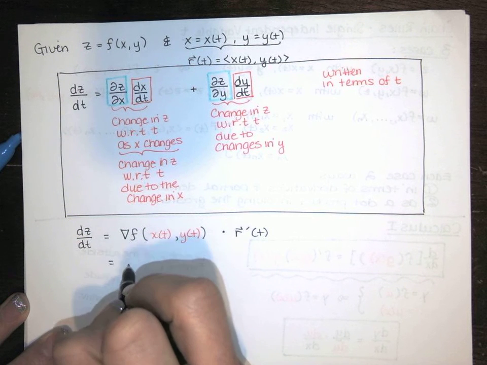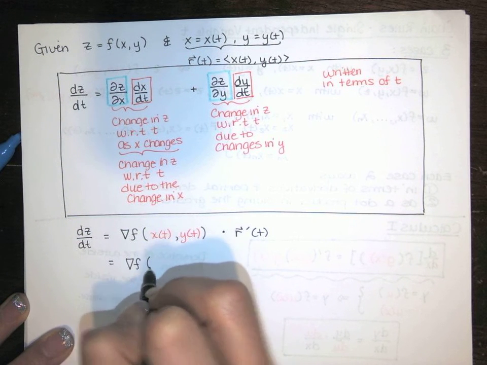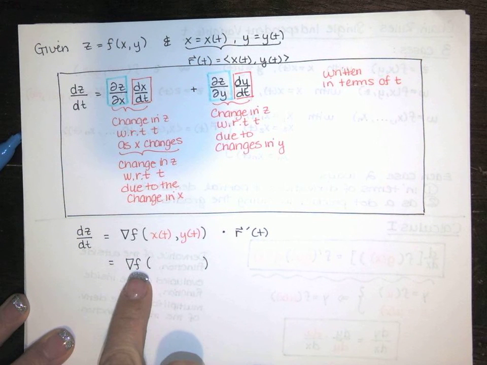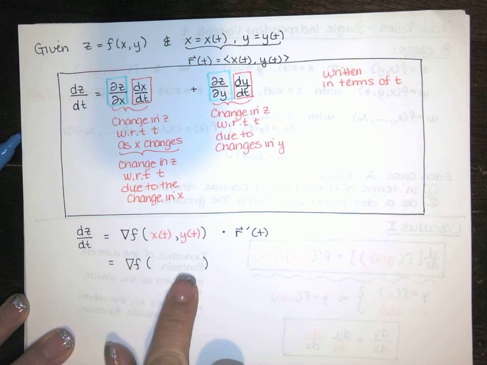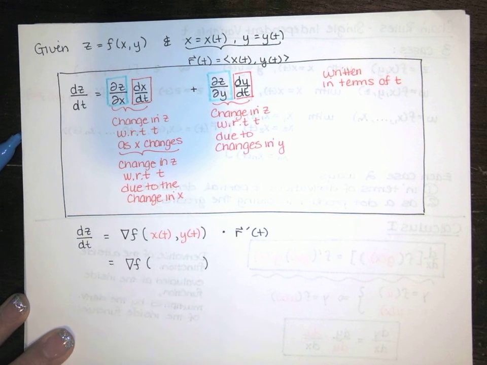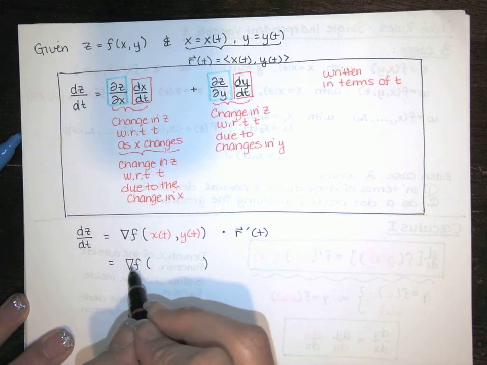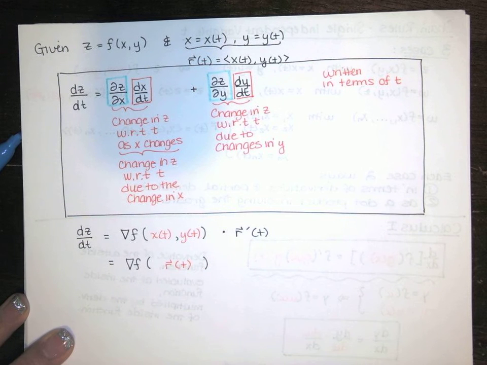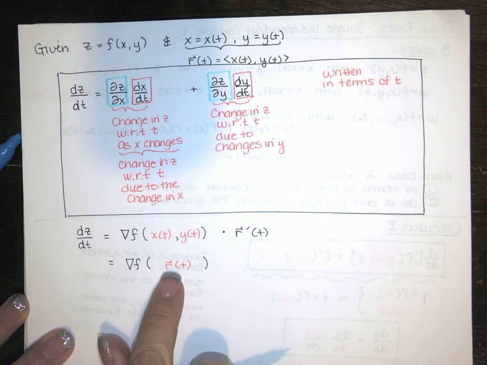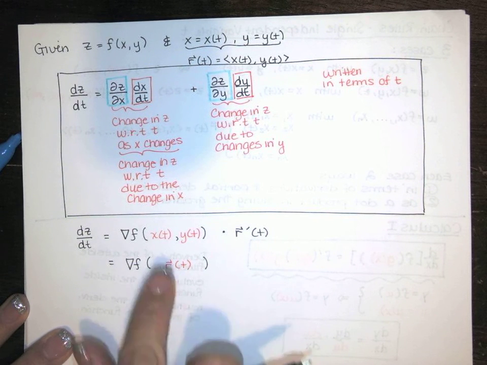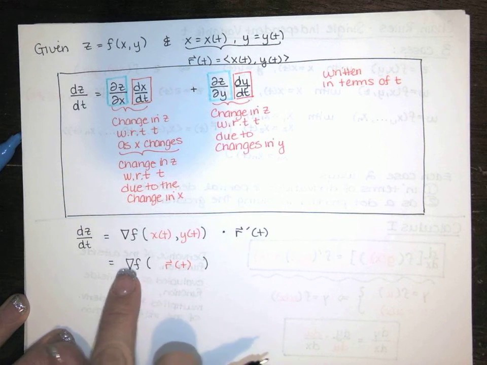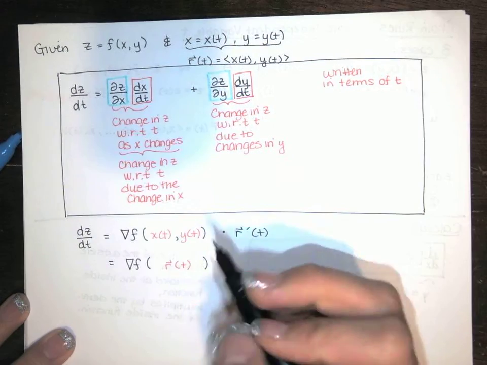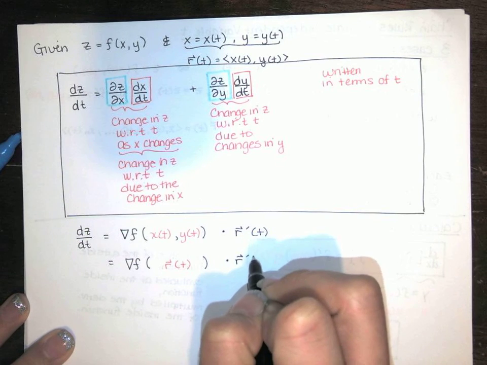I don't like this notation because it does not make it clear how many variables f originally had, but sometimes you'll see this chain rule written this way. The gradient of f evaluated at r of t, where you take the components x of t, y of t, and you substitute those in for x and y here, dotted with r prime of t.